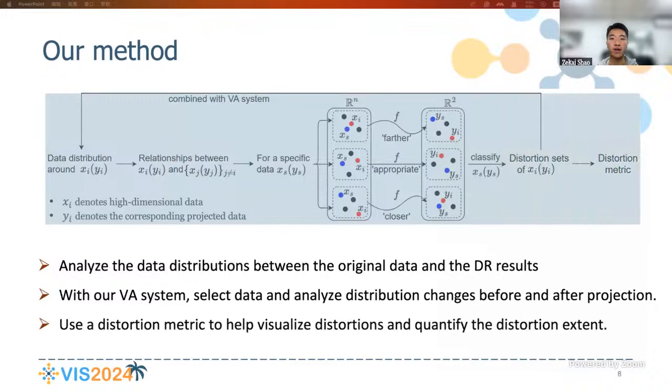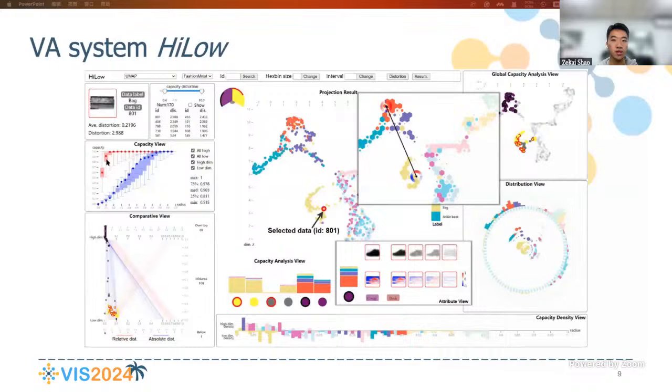And we also define some distortion sets and a distortion metric based on the capacity to help visualize distortions and quantify the distortion extent. And based on the above discussion and the methods and definitions, we have developed a visual analytics system, which is called HILO.